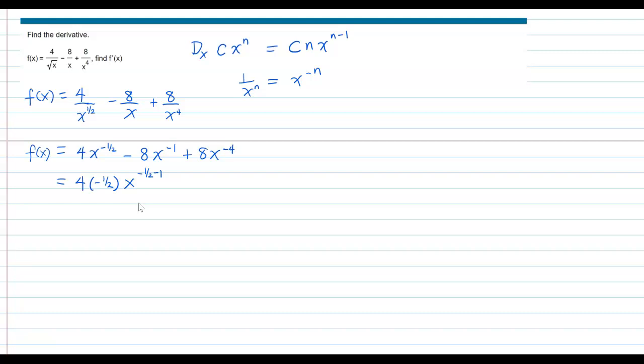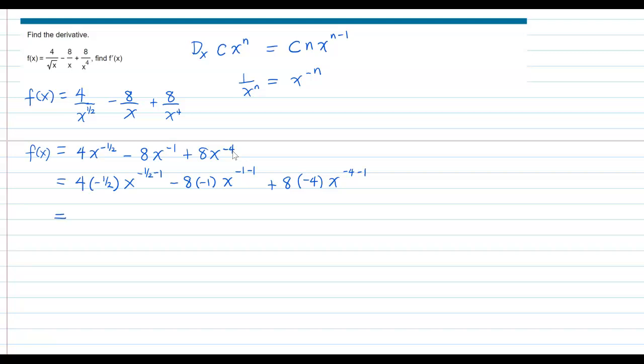And you do the same thing on all terms. So for the second term, we have 8, bring down negative 1, copy x, and then subtract 1 from negative 1. Then similarly, for the third term, we will have 8, bring down negative 4, x to the negative 4, and then subtract 1.